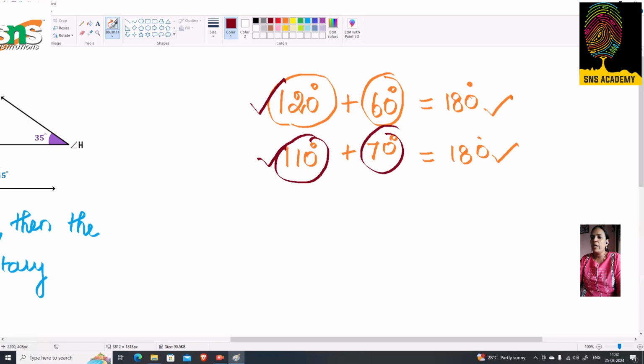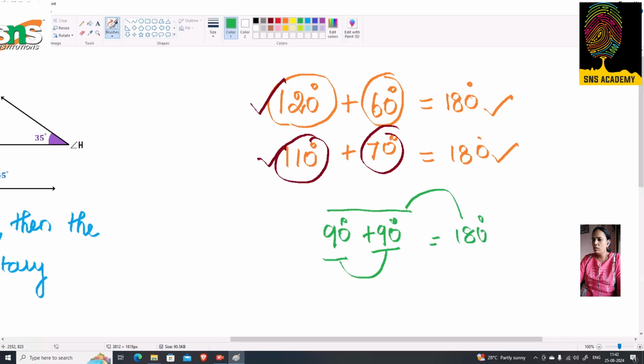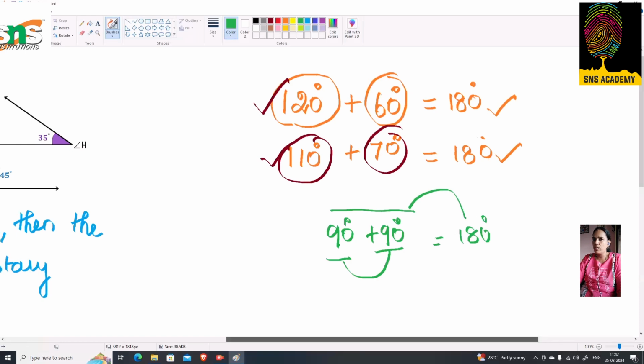So if the sum of any two angles is 180 degrees, we can call them supplementary angles. Suppose I am adding 90 degrees and 90 degrees. Is it a supplementary angle? Yes. Here the angle and its supplement are both the same, but when you add, it is equal to 180 degrees, so we can call these two angles supplementary angles.